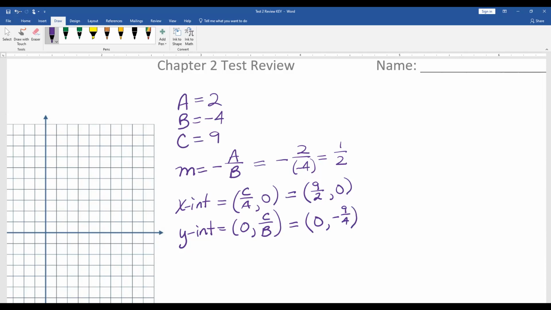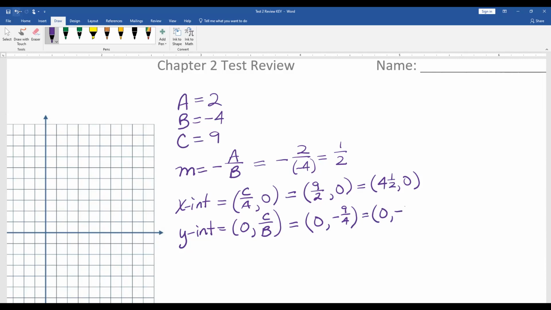For x and y-intercepts, like I've said before, I'm totally okay with turning them into mixed numbers, because 2 goes into 9 four times, and then there's 1 left over. So you know you're sitting somewhere between the 4 and 5 on your x. Oh, right, 9 over 2 and 9 over -4.